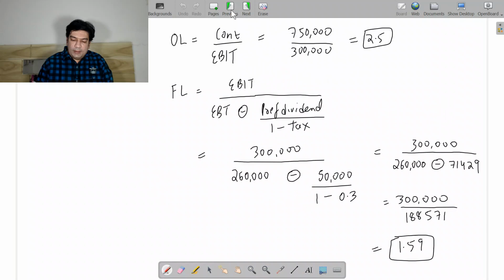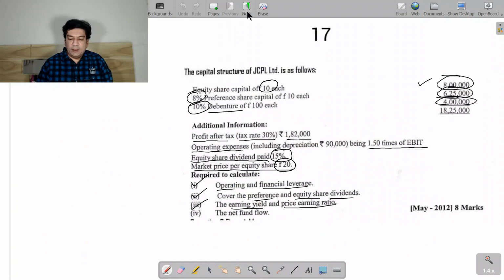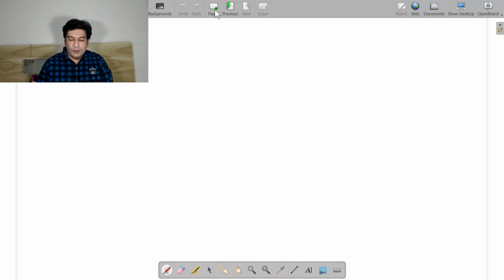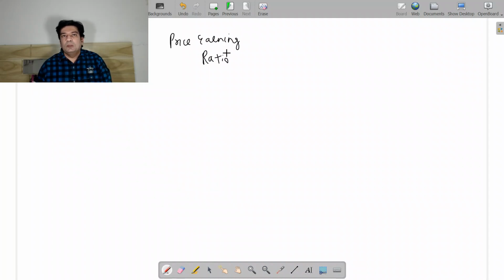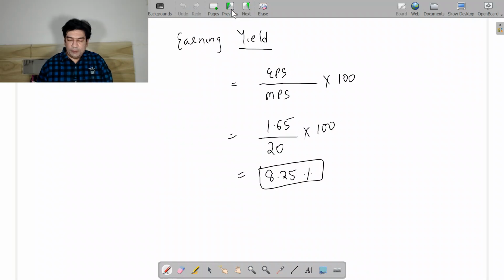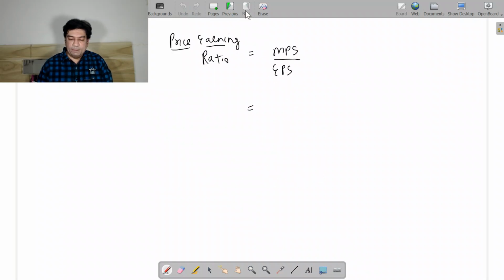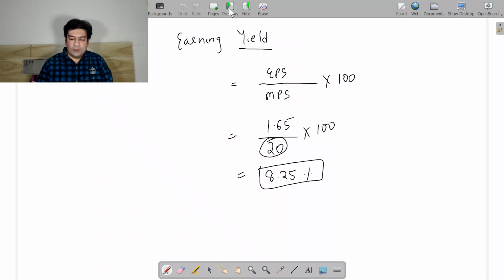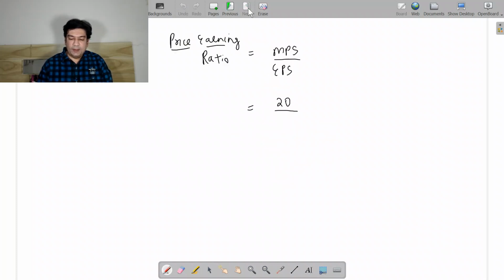Now next what they want is the price earning ratio. For the time being I am just calculating it. The meaning will be explained when we do ratio analysis. The price is the market price per share and the earning is the earning per share, and this is called the PE ratio. The market price per share is 20 and the earning per share is 1.65.